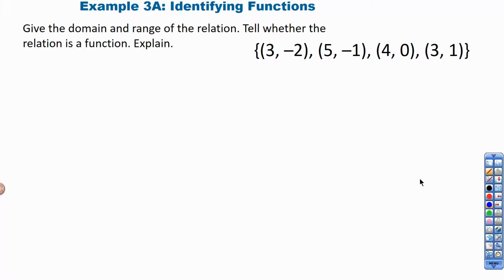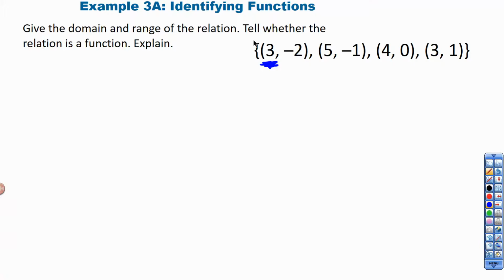Or if for a given x, there is only one output y. All right? Give the domain and the range of the relation. Tell whether the relation is a function. Explain. For a given x, is there only one output? So we look through here. Any other 3s in the x position?